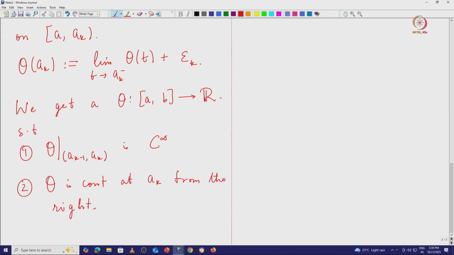And the main point is that for all t not equal to Ak, we have that gamma dot of t is given precisely by cos theta t del by del x plus sin theta t del by del y.